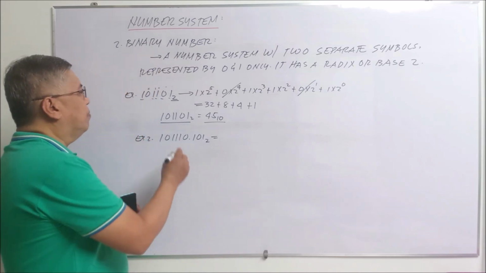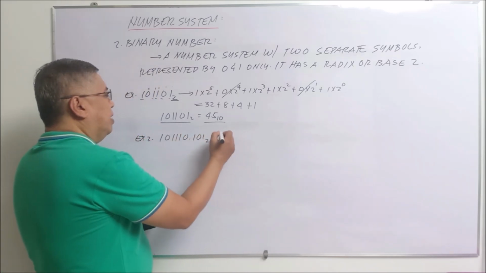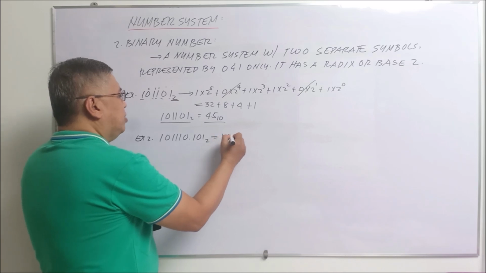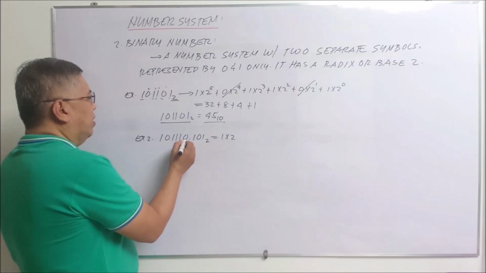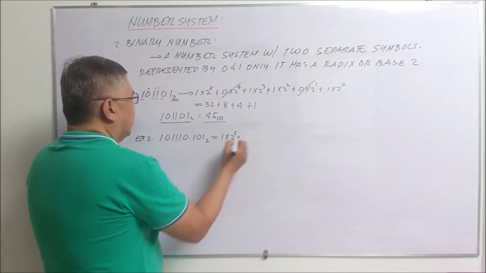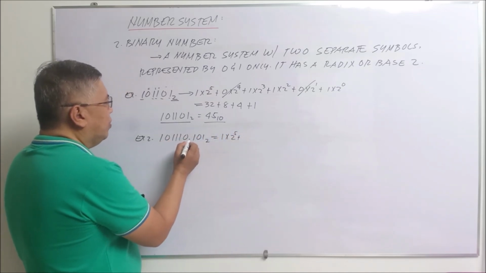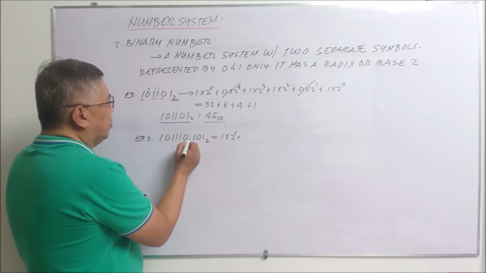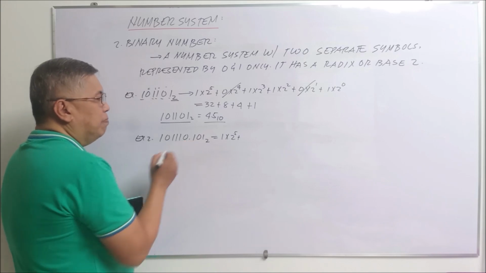So, positional notation: you have 1 times 2 to what? 1, 2, 3, 4, 5. That is before the point. What do you call this one, by the way? This is what we call the binary point.